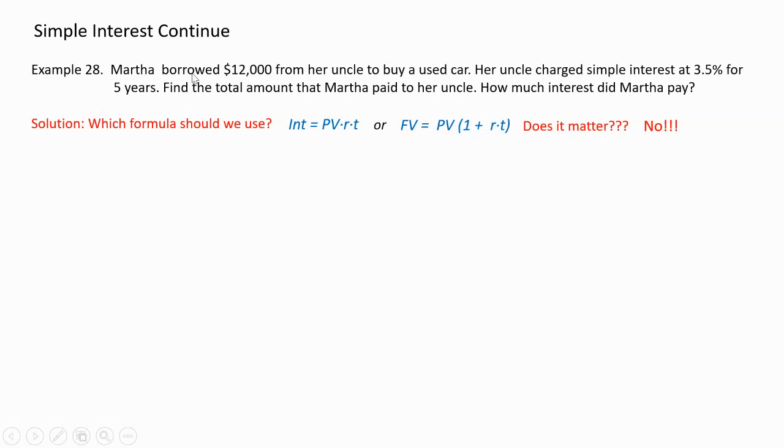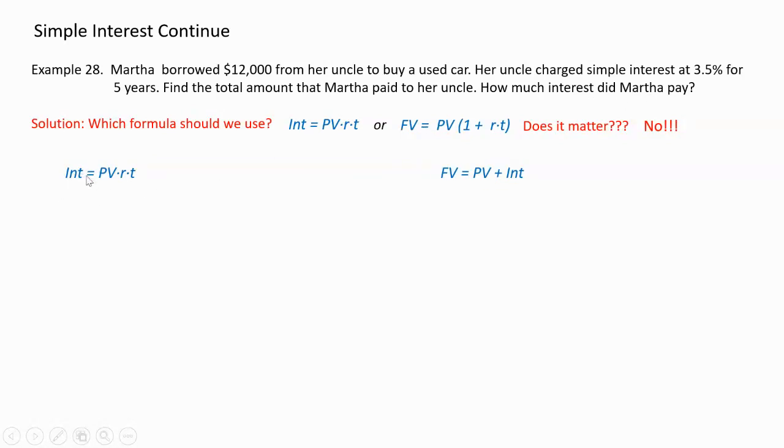I'm going to use both formulas for this example. On one slide, I'm going to use the formula on the left, and on the next slide, I'm going to use the formula here on the right. Because it says to find the amount that Martha paid, the future amount, and then how much interest did Martha pay.